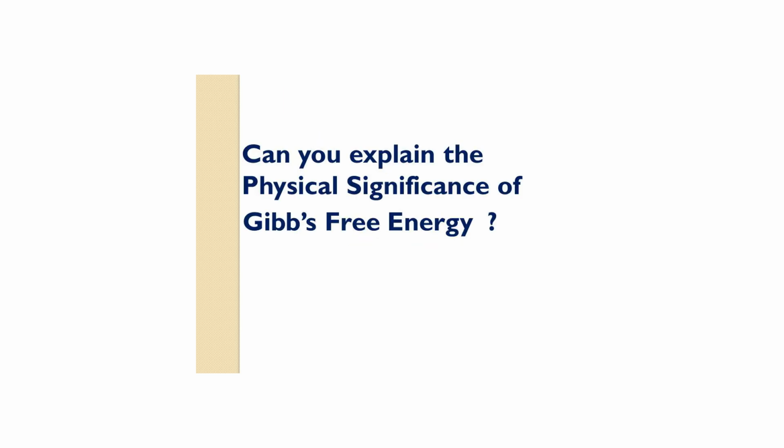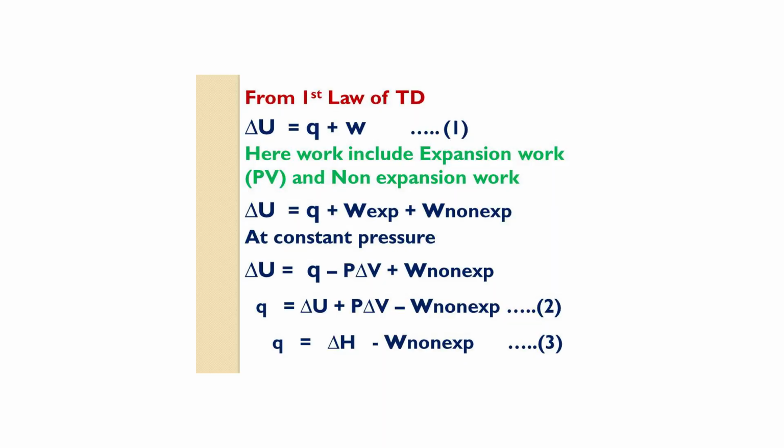Can you explain the physical significance of Gibbs free energy? Can you give the first law of thermodynamics equation? Delta U equal to Q plus W, equation number 1. Here work involves expansion work, that is pressure volume change PV, and non-expansion work. Therefore, delta U is equal to Q plus work expansion plus work non-expansion, equation number 2.